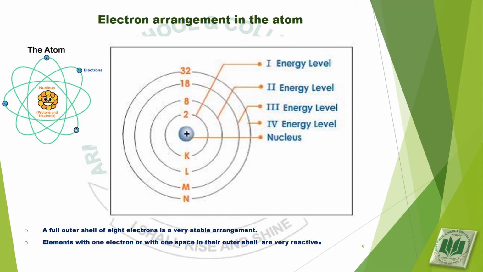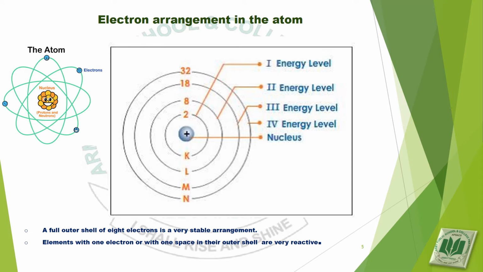The first shell, which is close to the nucleus, is known as the K shell. It can hold a maximum of 2 electrons. The second shell is known as the L shell, and this shell can hold a maximum of 8 electrons.